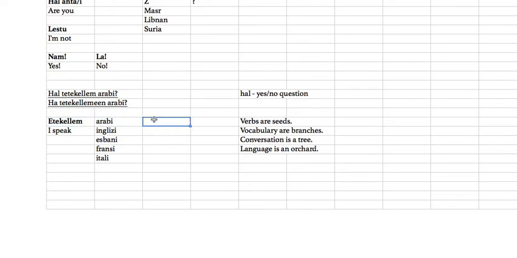If you speak Arabic a little, say أتكلم عربي قليلا. أتكلم إنجليزي قليلا. أتكلم إسباني قليلا. أتكلم فرنسي قليلا. أتكلم إيطالي قليلا, and so on.